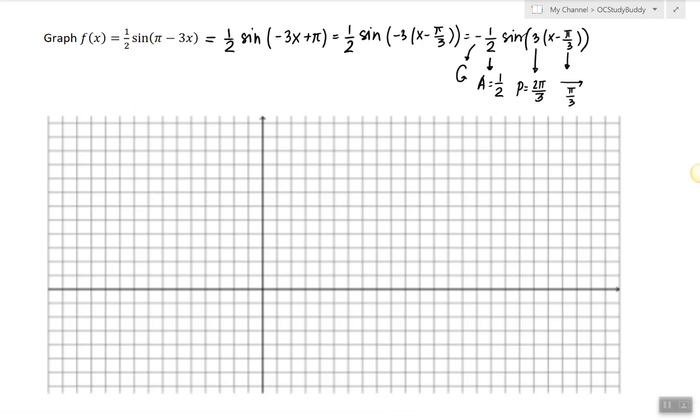Now, I would like to recall that the sine function on its 1 period interval looks like this. So that's the graph of the sine function.